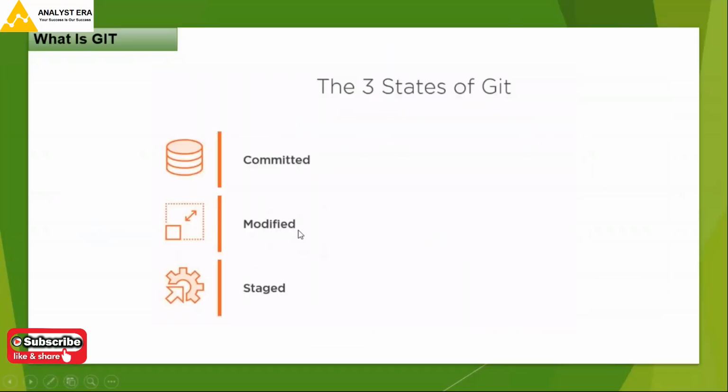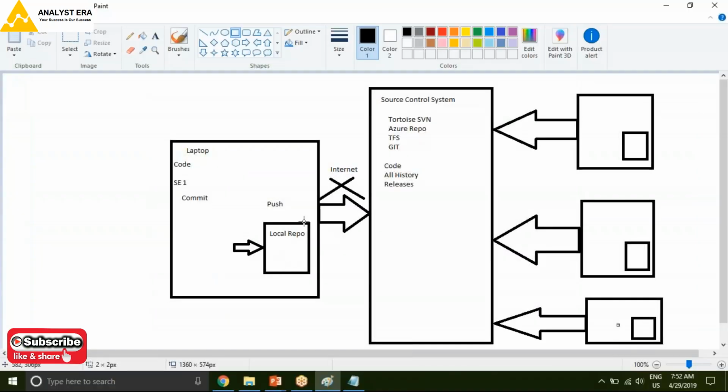What is modified? Modified essentially is you did modifications to your code. Say file 1, you just went ahead and modified it. That's not the code which is present inside your repository. Let us put it this way. The repository has 3 lines in file 1. You added one more line in file 1.